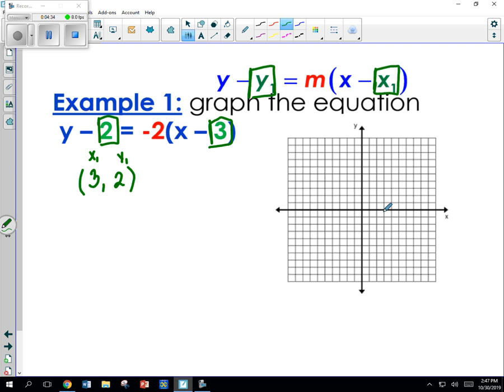You only have to make one point, but I like to make lots of points so that my lines are straight. The more points I make, the more straight my lines are, because I am not the best drawer. So I'm going to draw the line now between the points. And that is the graph of that linear equation.